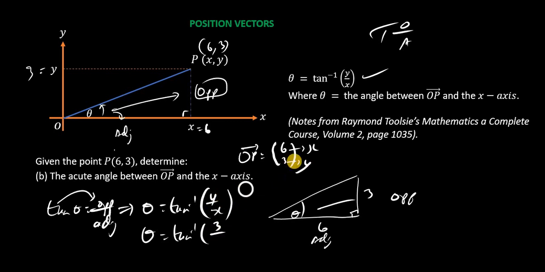The x component is below, which is 6 from the column vector. And so we press shift, then we press tan, and then we put 3 divided by 6, close bracket, and that gives us, as mentioned before, 26.565, etc.